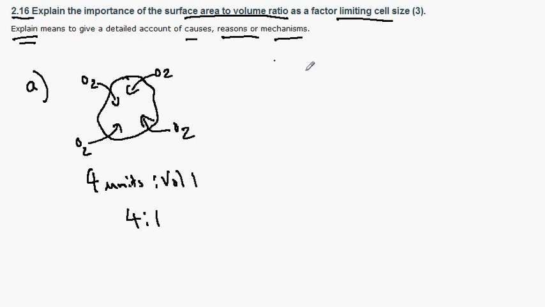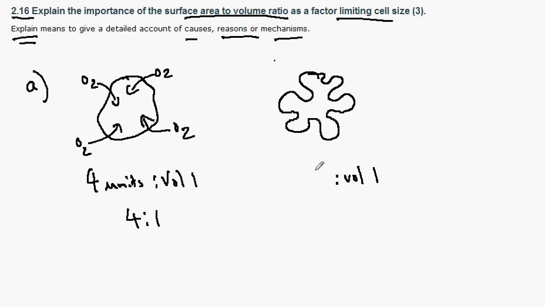Now if we take the same cell and maintain the volume, same volume, but we increase the surface area by folding, we might get a shape that looks like this. So our volume is still 1, but we've increased the surface area for the absorption of oxygen.